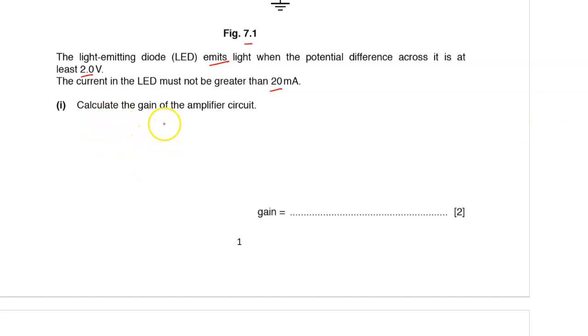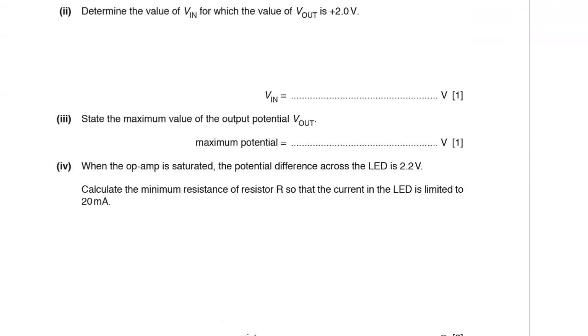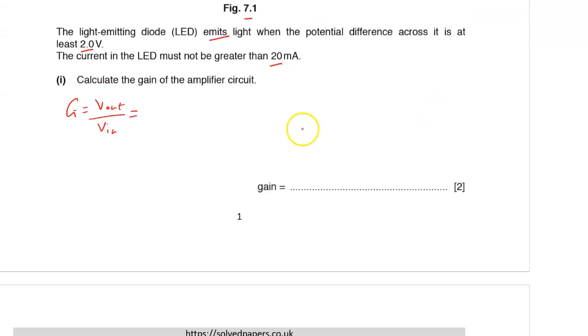Calculate the gain of the amplifier circuit. Of course, we know that gain, G, is equal to V out over V in. For a non-inverting amplifier, the equation is usually 1 plus RF over R in.